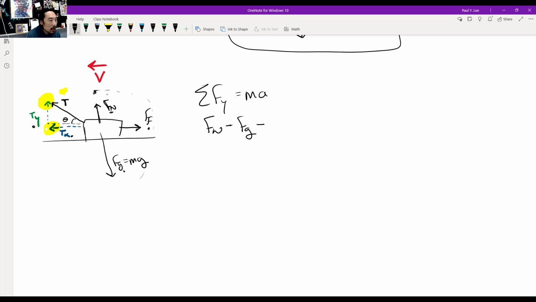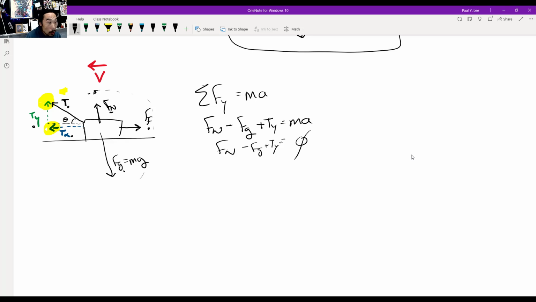Ty, yes, positive Ty because it's pointing upwards. And T has the x and the y components, so we do not include T. And then we're back at the 12 o'clock mark. All right, and this is all equal to MA, and because we're in equilibrium, we know that this right here is our formula.